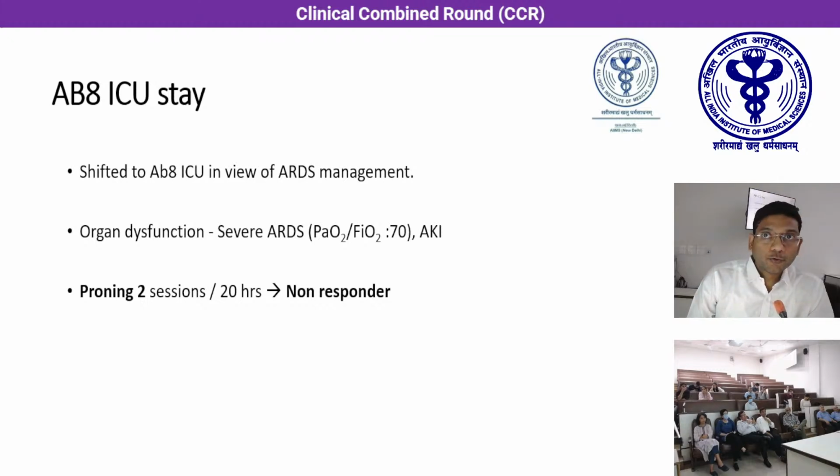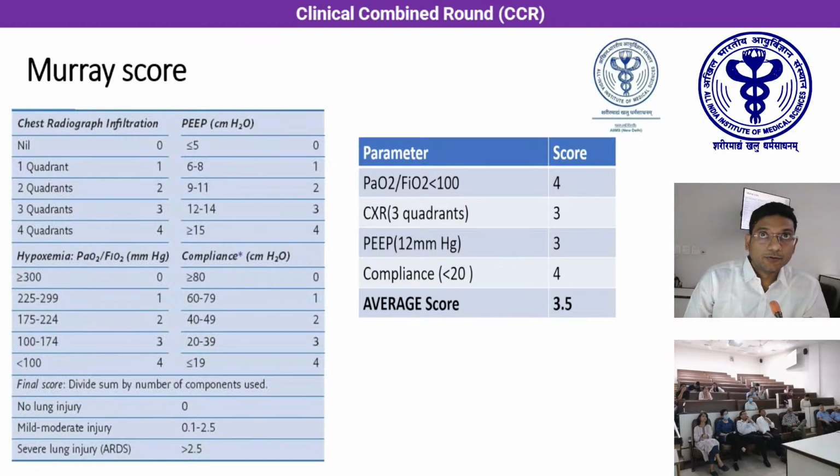We had given her 2 proning sessions of 20 hours each, but she was not responding, and her P/F ratio was persistently less than 100. So we calculated the Murray score, which is designated for severity, and according to the ELSO guideline, we can determine whether the patient requires ECMO support or not. Here we found that 3 out of 4 quadrants of the X-ray were involved.